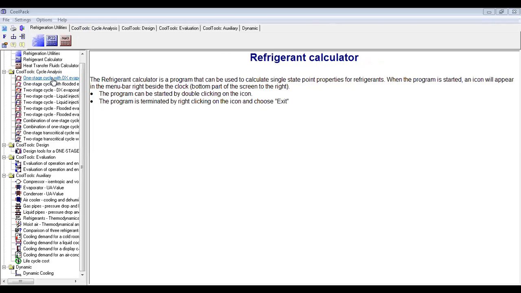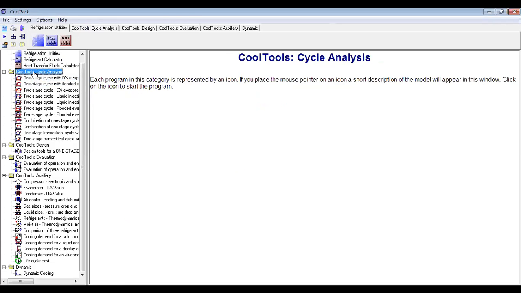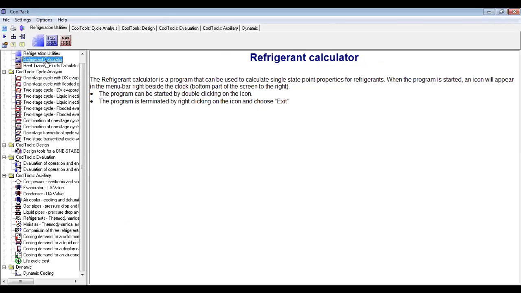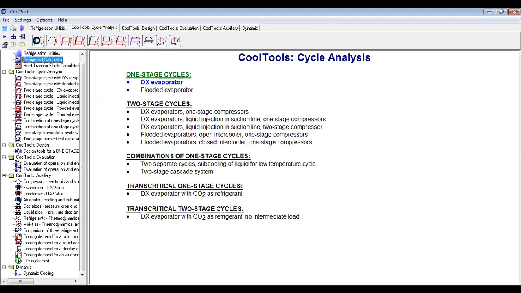One stage cooling cycle. Okay, so I select this one. Problem. Let's see cycle specifications.